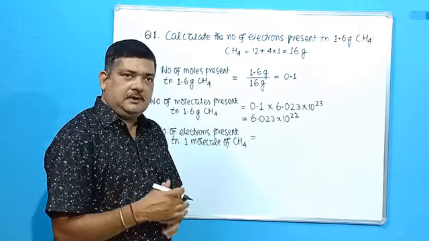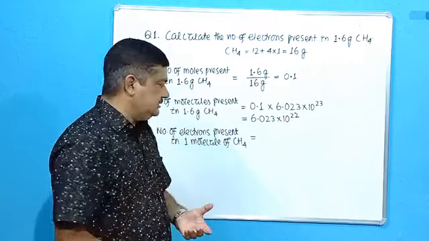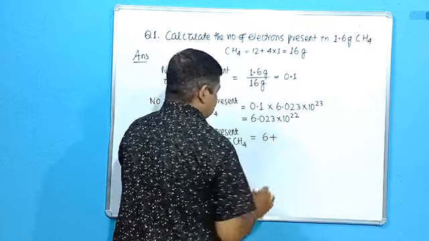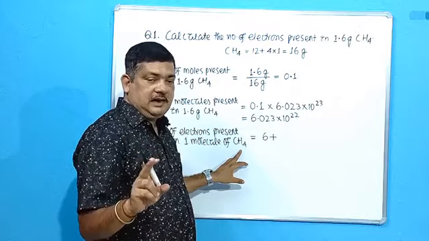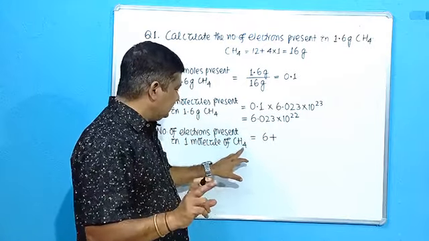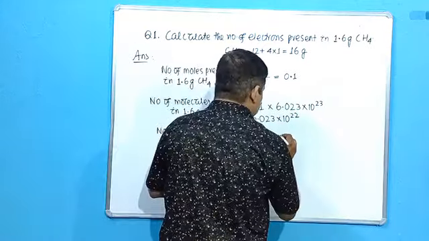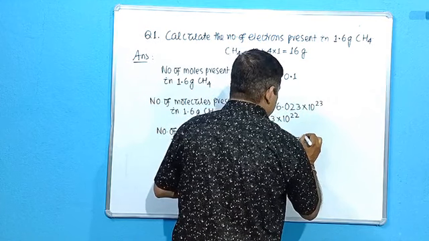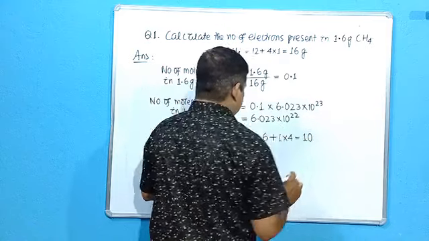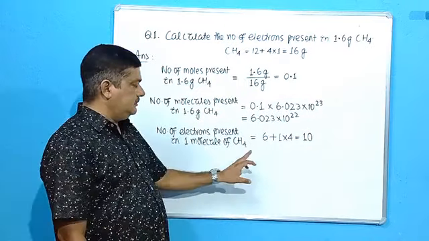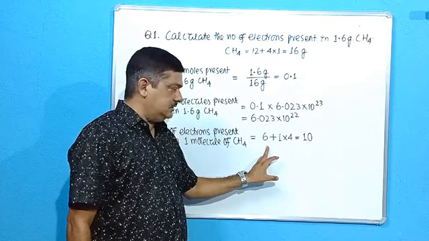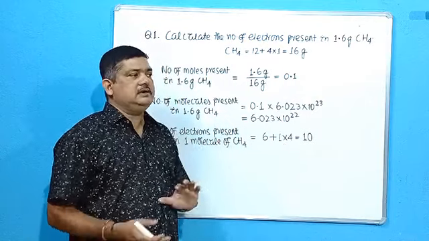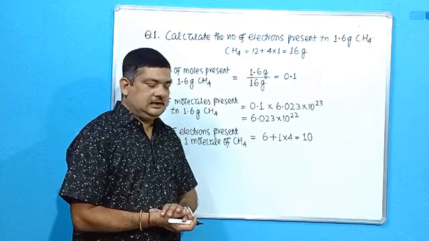Whatever is the atomic number, the number of protons is the same and the number of electrons is also the same. So carbon has 6 electrons. Hydrogen atomic number 1 contains 1 electron each. There are 4 hydrogens, so 1 into 4. So number of electrons present in one molecule of methane will be 10. Carbon has 6, hydrogen has 4, total 10. So each molecule of methane contains 10 electrons.